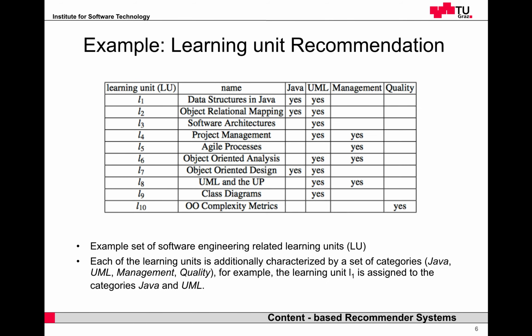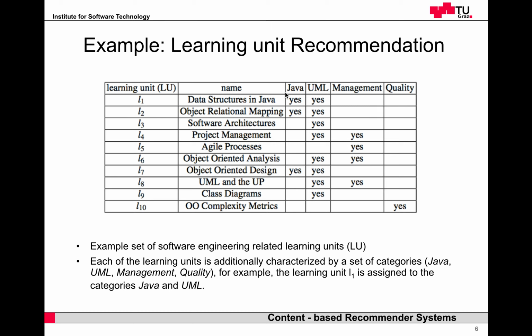Let's take a look at an example in the software engineering domain. We assume that we have a set of software engineering related learning units. Each learning unit is characterized by a set of 4 categories.